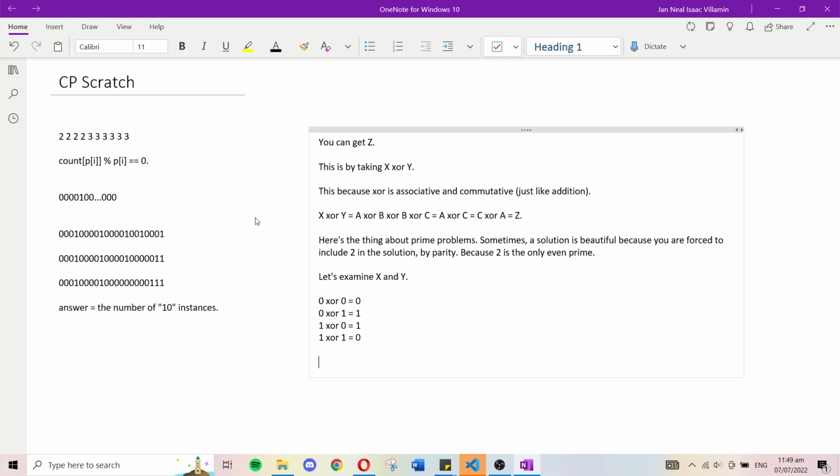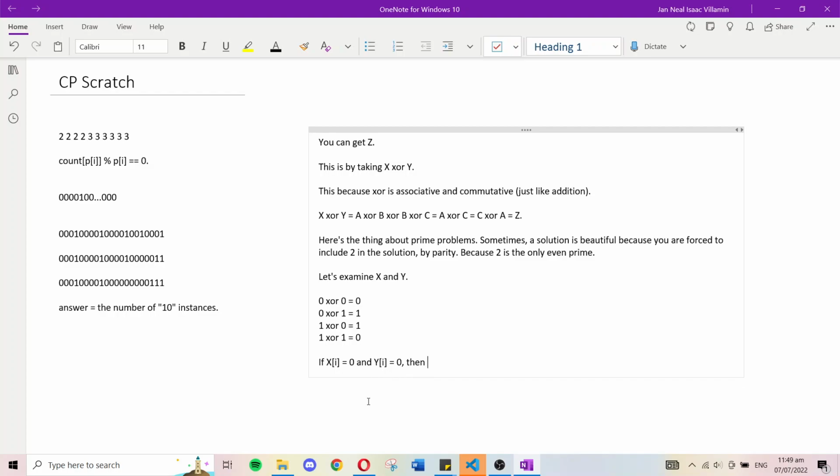So what if xi equals 0? These are bits. And yi equals 0.